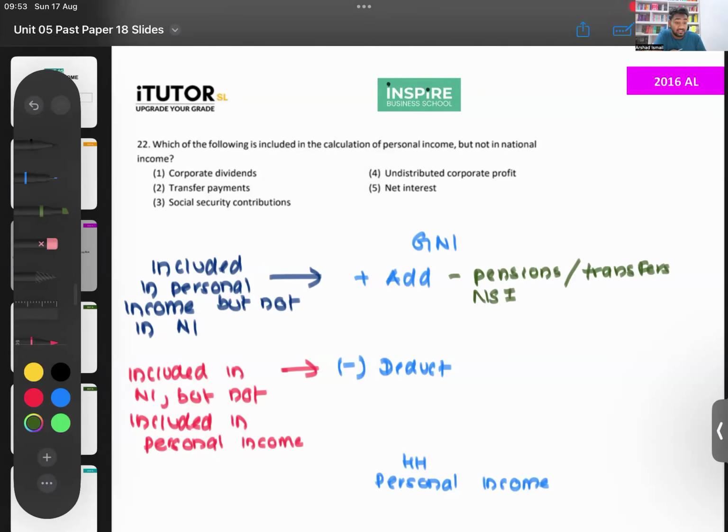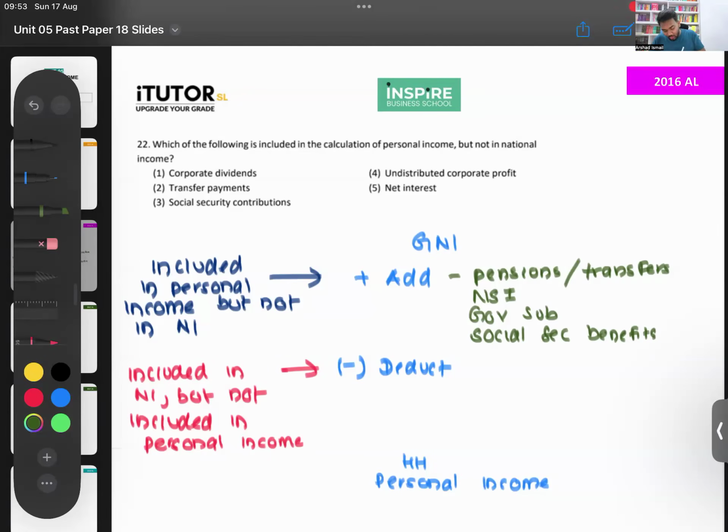What else? Anything else? Government subsidies, right? So you can put that with transfers also if you want. Then things like social security benefits, right? So social security, not contribution, benefits. So these kind of things, you have to add. It's not a part of national income, but households are getting it. Households are getting pensions. They are getting worker remittances. They get government subsidies. So those things you have to add.